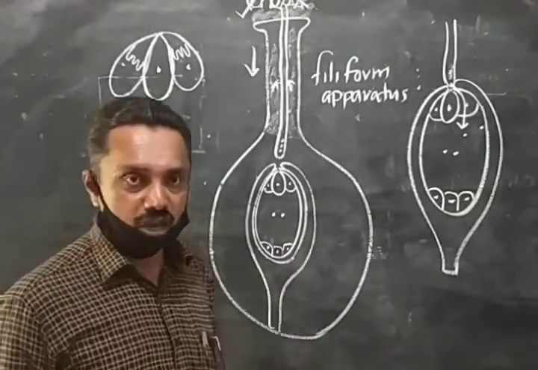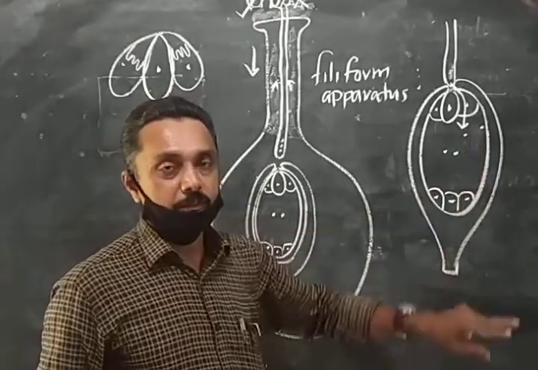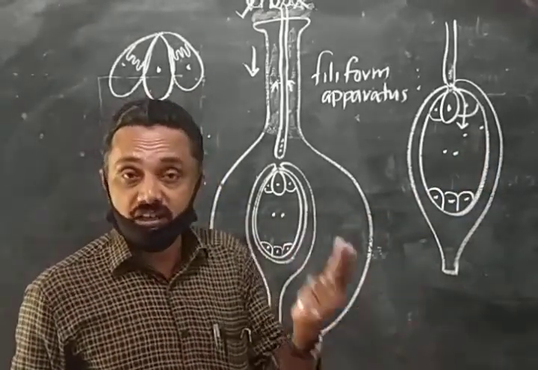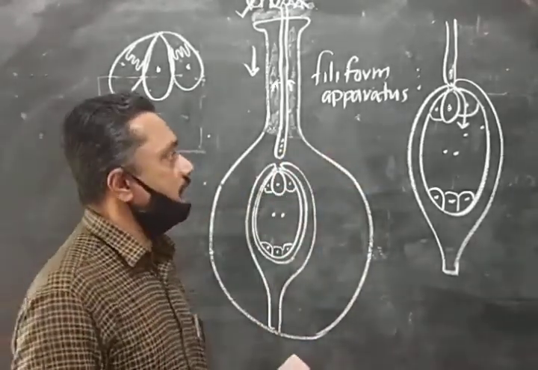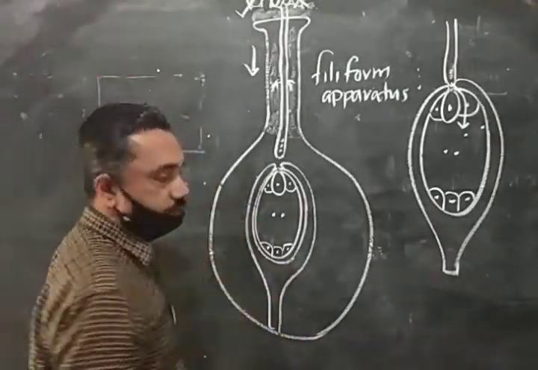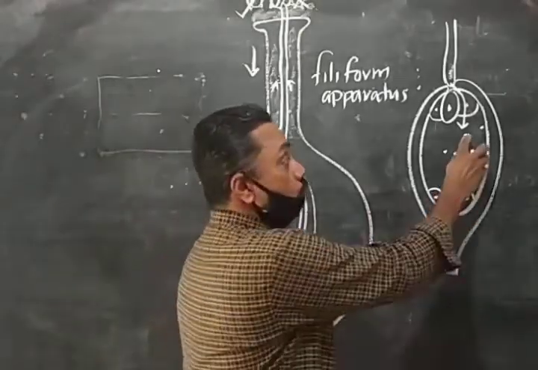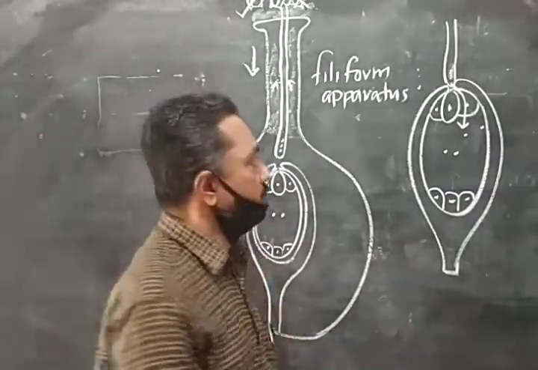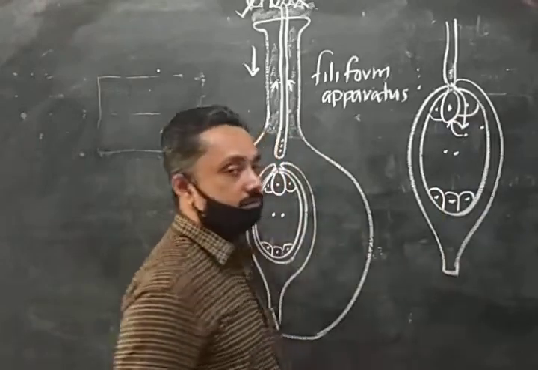So in the embryo sac, two male nuclei reach. Then the next important process, called fertilization, takes place. After that we can see how the fertilization takes place. Remember that two male nuclei are there. One of the male nuclei joins with the female gamete or egg cell.